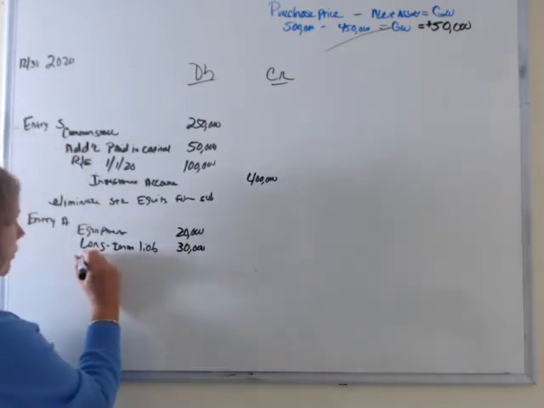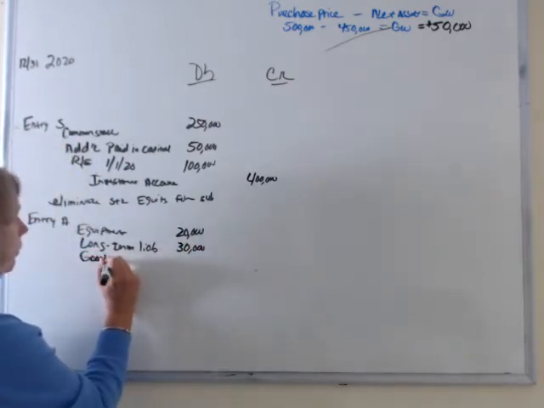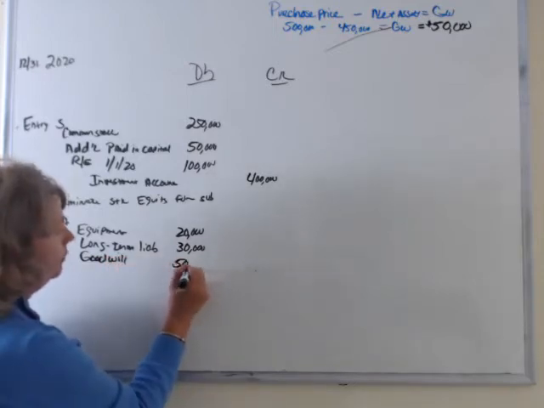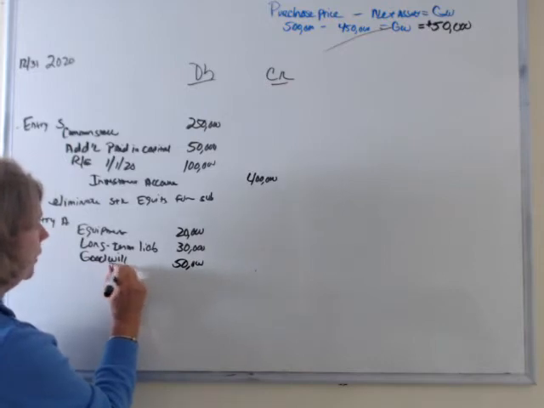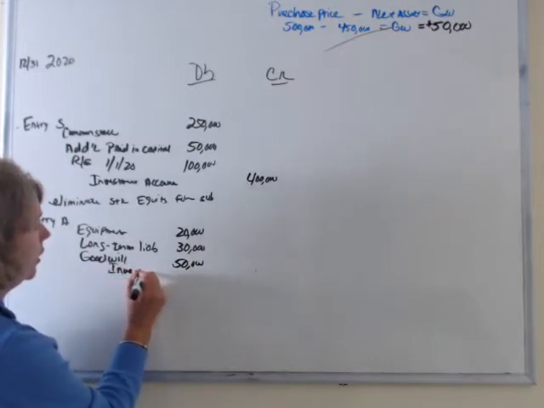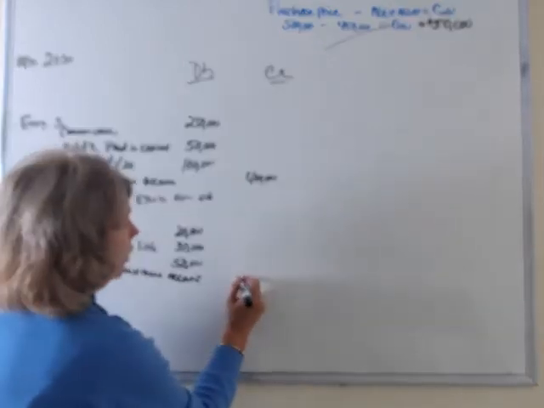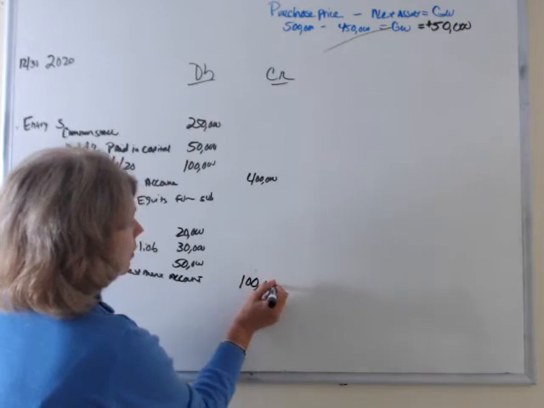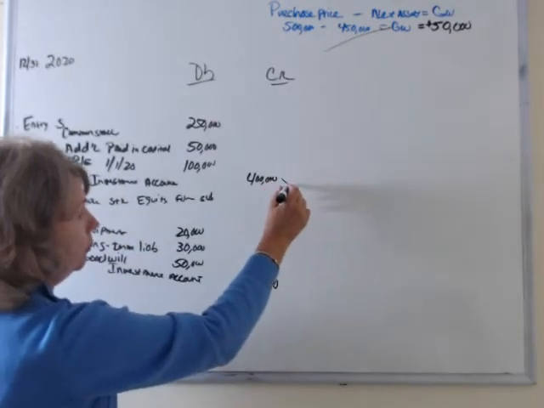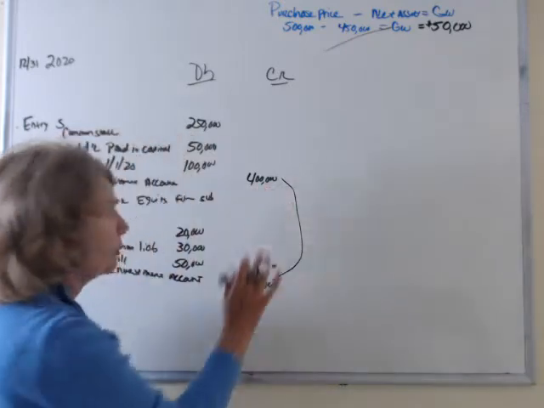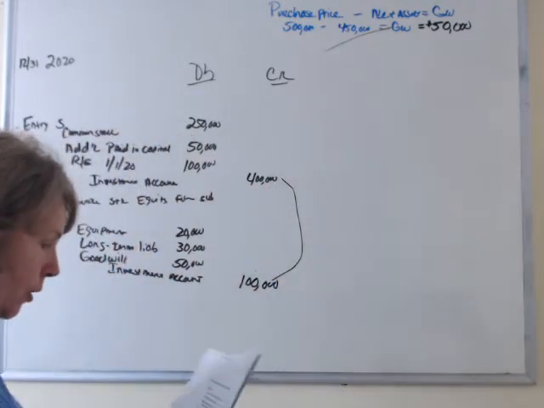Debit goodwill. Remember, that's the 50. And then credit the investment account. Now watch this. These two must always equal your purchase price. 400 plus 100, it equals the purchase price.